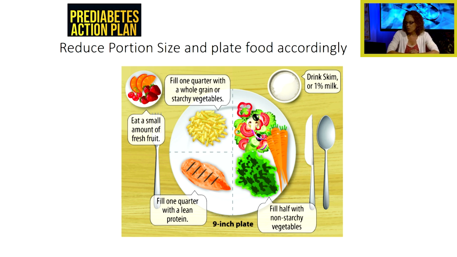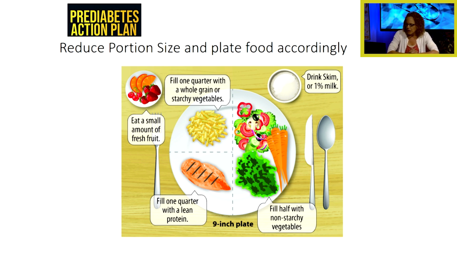We want to fill 1/4 with a lean protein. This would be like fish or boneless chicken breast, but it could include a lean cut of red meat as well. And then we really want half of the plate to be filled with the non-starchy vegetables.